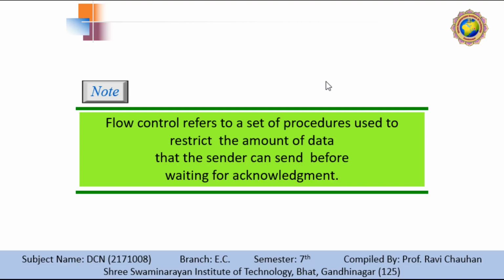Means one buffer is there to store the data temporarily. When the buffer is full, our receiver tells our sender to please hold or stop the transmission. Okay, you can say that flow control refers to a set of procedures used to restrict the amount of data that the sender can send before waiting for the acknowledgement.